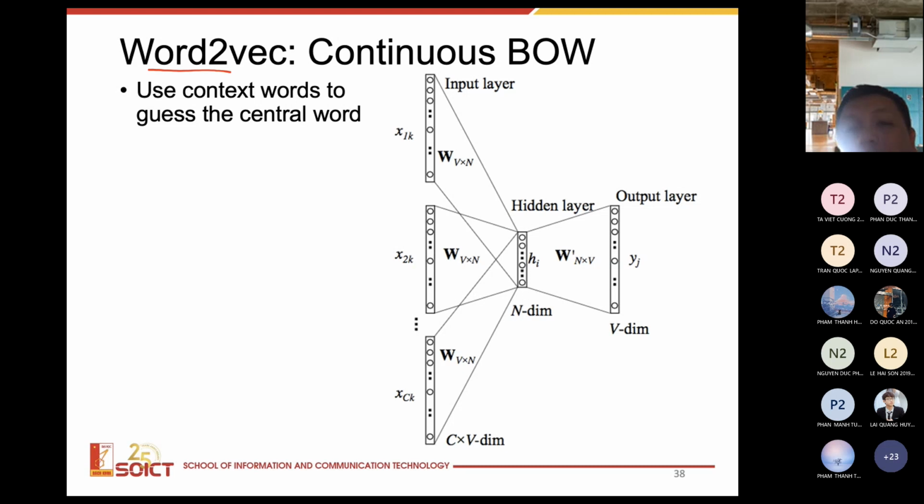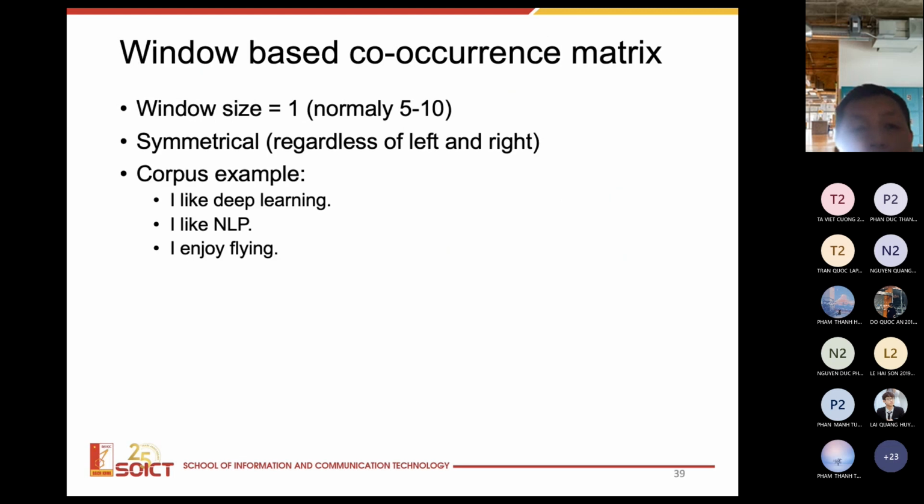And in the continuous bag of words, they have the surrounding words in the context, and they want the model to predict the central word, right? So again, you have two matrices W and W prime, right? And the algorithm is similar to the Skipgram model.